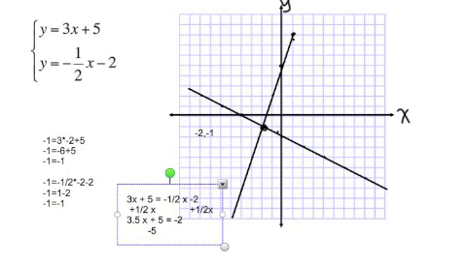I'm going to subtract 5 from both sides and get 3.5x is equal to negative 7. To undo the 3.5 times x, I'm going to divide both sides by 3.5.